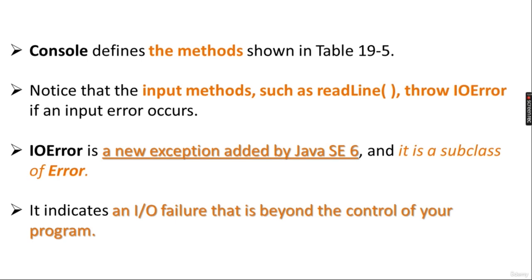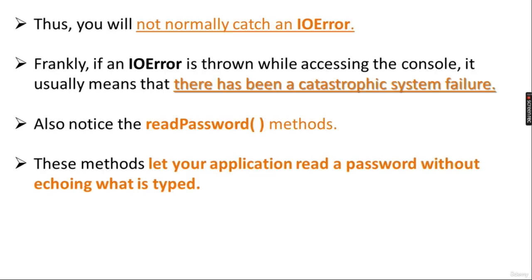Because Java 6 adds the Console class, it also adds IOError, which tells that an IO failure has occurred. You will not normally catch that error because you cannot handle it. If an IOError is thrown while accessing the console, it usually means there has been a catastrophic system failure. Some types of system failures you cannot normally handle.